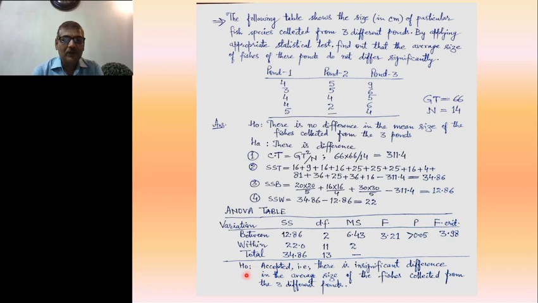So in the present case, we actually accept the null hypothesis, that is, there is insignificant difference in the average size of the fishes collected from these three different ponds. So this is the way we actually solve such kind of questions manually.